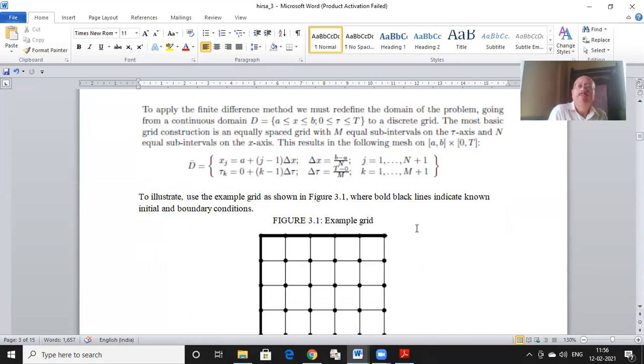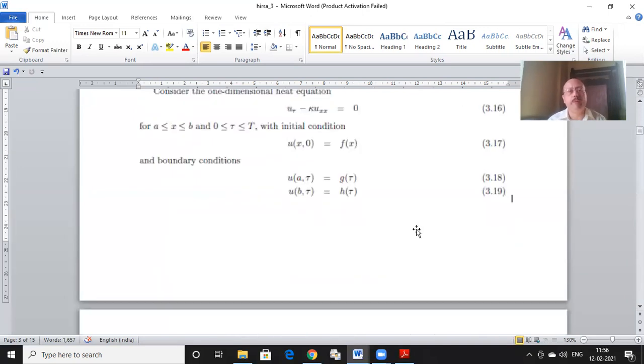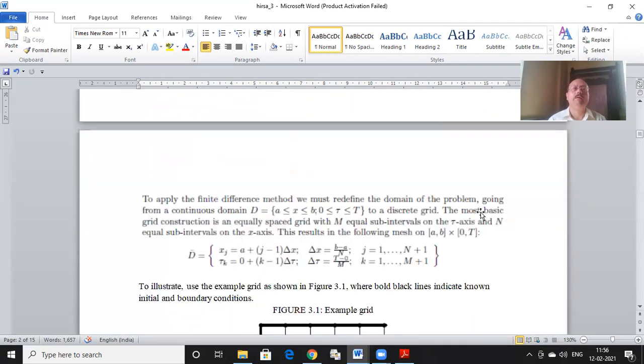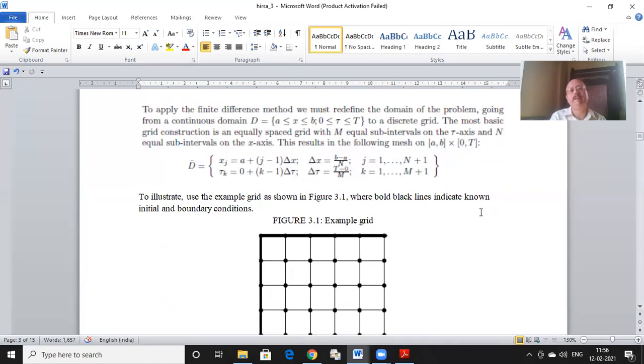How does it translate to the numerical analysis world? I have this domain, x between a and b, time between 0 and capital T. I have to first make a finite grid, a discrete grid in place of the rectangle. So that's a rectangle.